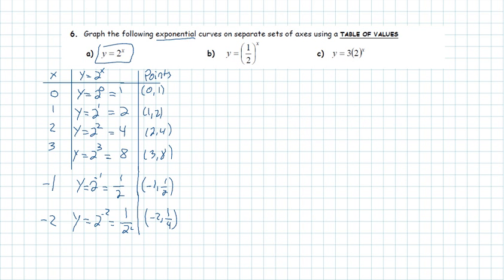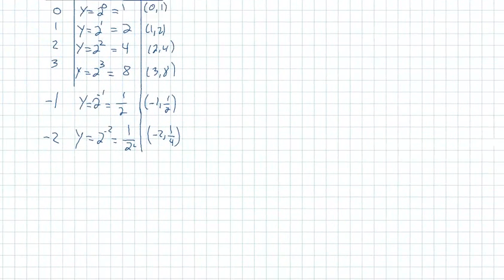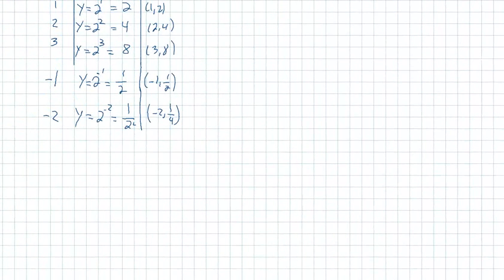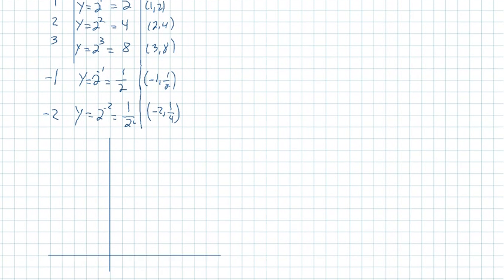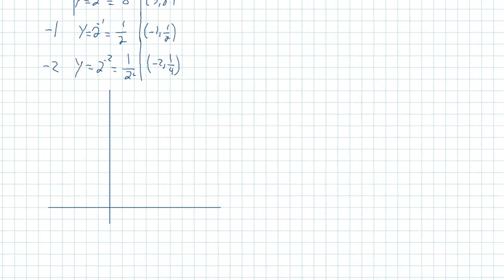So let's try to graph this. If I have a -2, it's a quarter. So -2 is right here, and a quarter is right here. This is 1, 2, 3, 4. -1 is a half, so it's right here.